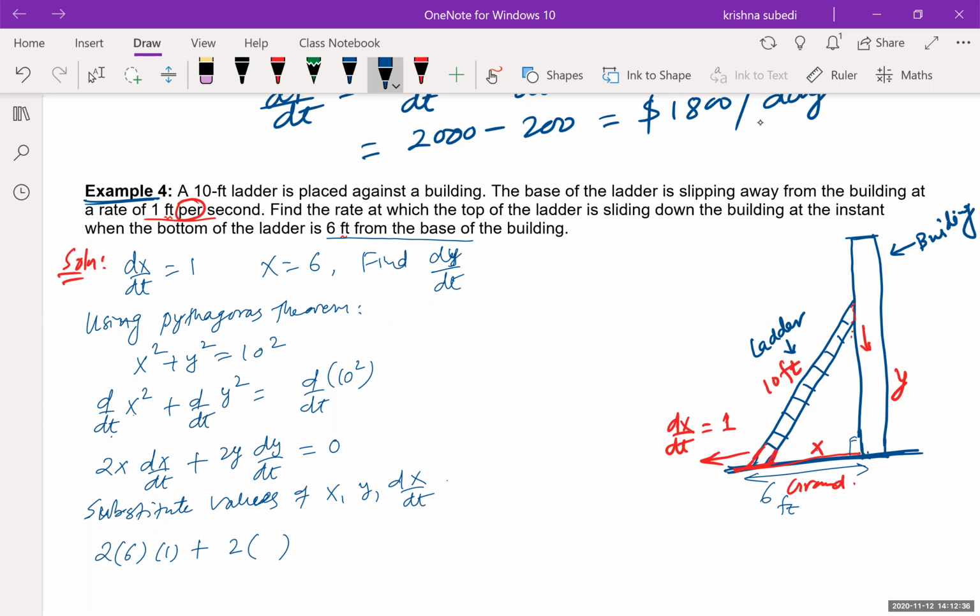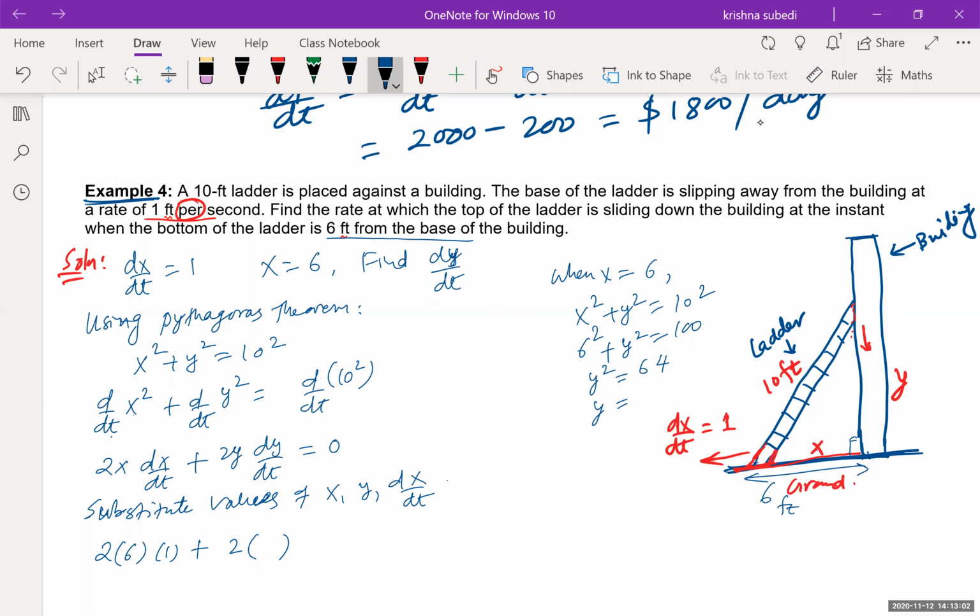Okay, y is not given explicitly, but we can use the same relationship. In Pythagoras theorem, when x equals 6, then x squared plus y squared equals 10 squared becomes 6 squared plus y squared equals 100. So you get y squared equals 100 minus 36, which is 64.